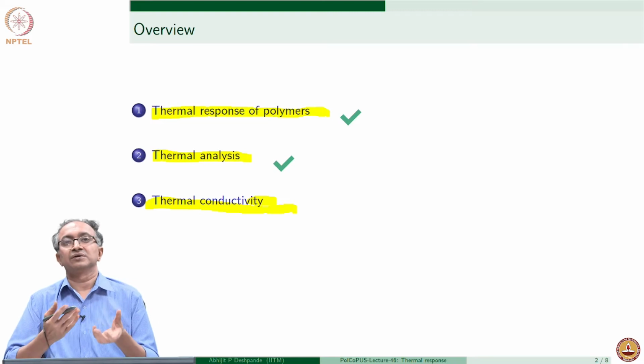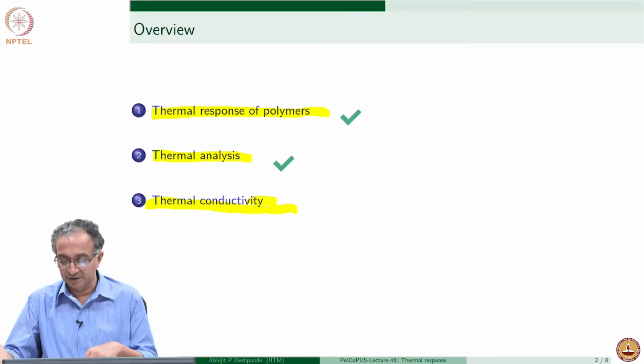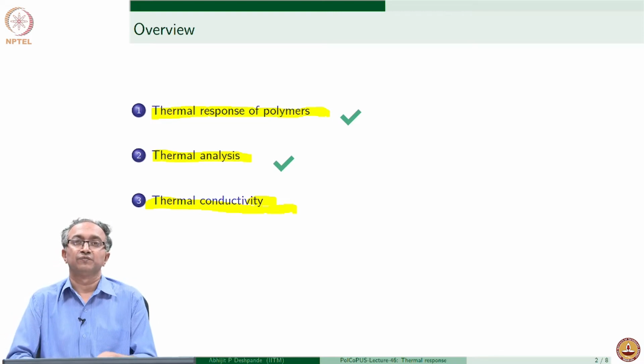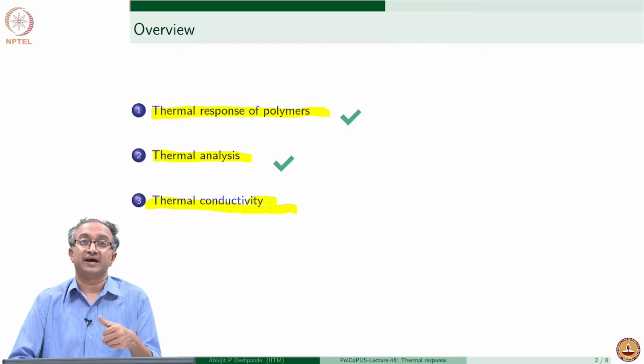We know polymeric materials are insulating from an electrical point of view, but they are also very good thermal insulators. So, we will look at the nature of thermal conductivity for these polymeric systems, as it is an important thermal characteristic during application as well as during molding operations.